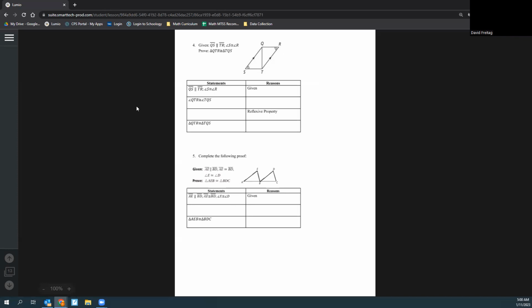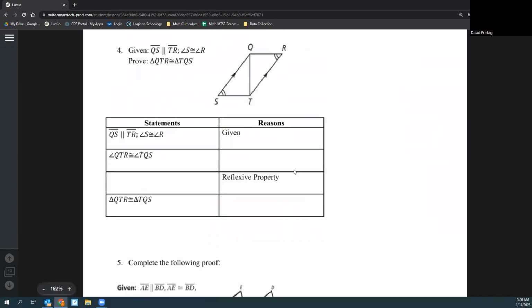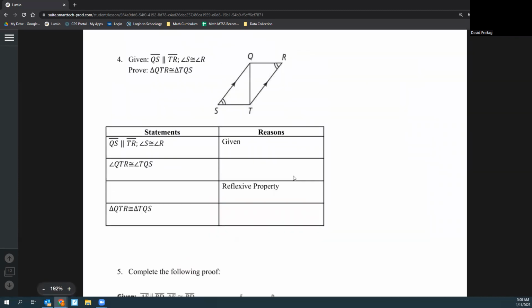Given QS is parallel to TR and QS is congruent to TR, angle R. I look at the statements. They give us our givens.